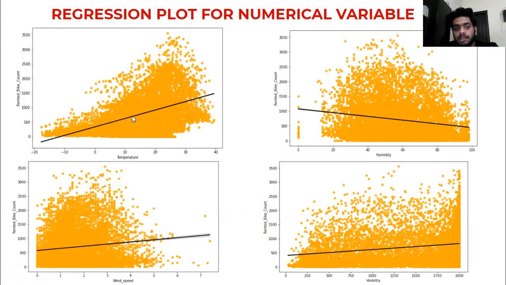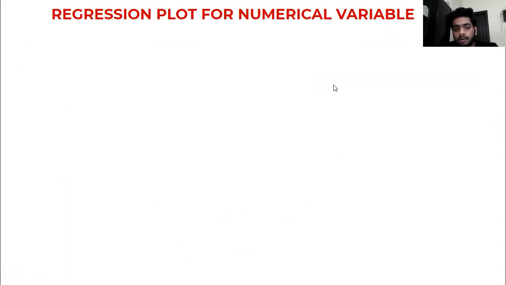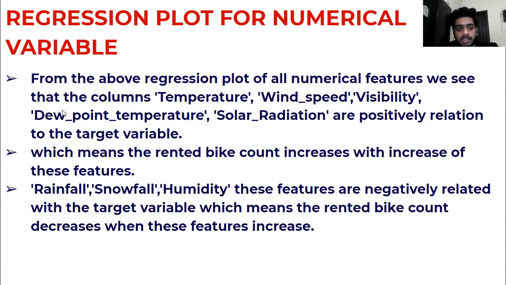Next are the regression plots of all numerical variables compared to our target variable, that is the rented bike count column. From these regression plots, we can say that the columns temperature, wind speed, visibility, dew point temperature and solar radiation are positively related to the target variable, which means the rented bike count increases with an increase in these features.